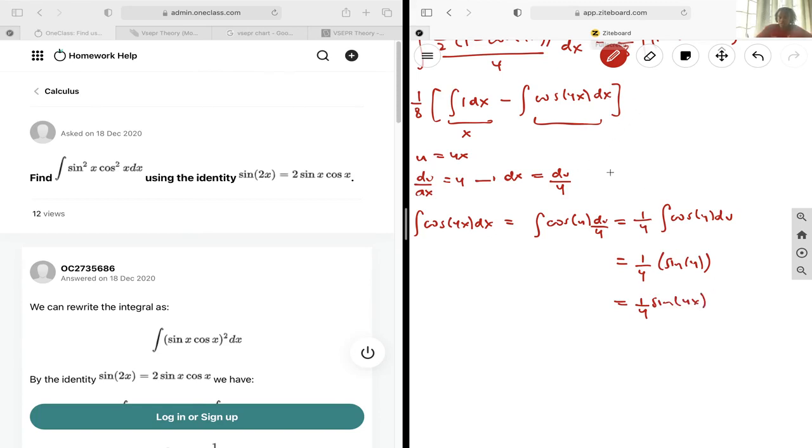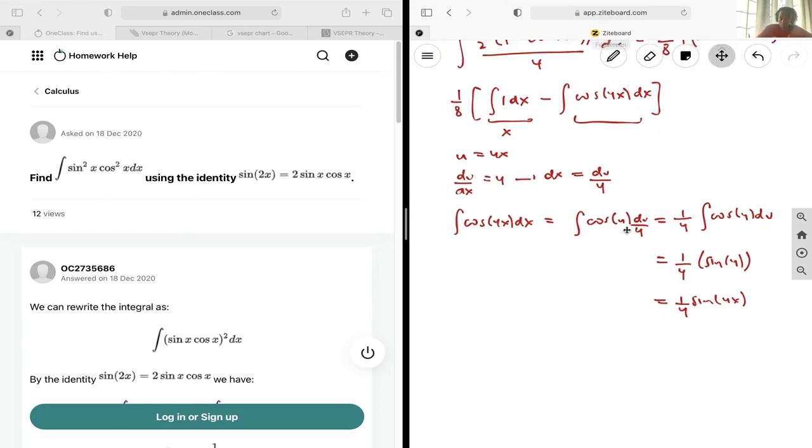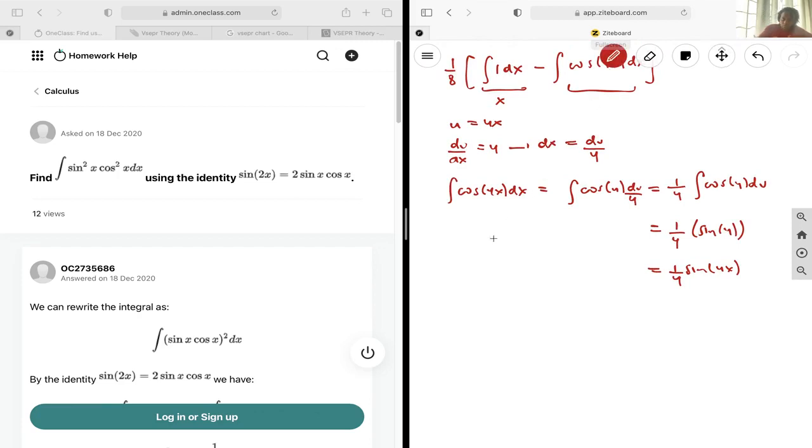Put that all back into this formula we have. And so it becomes 1 over 8 multiplied by x minus sine 4x all over 4.